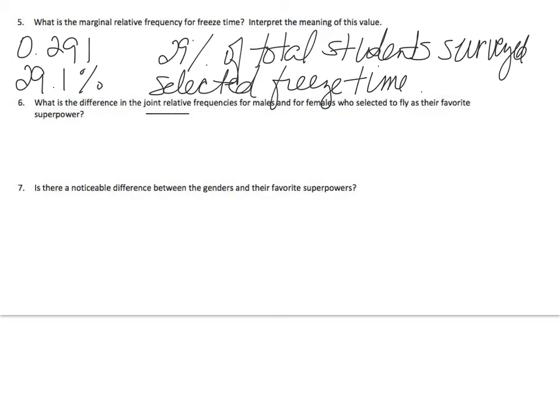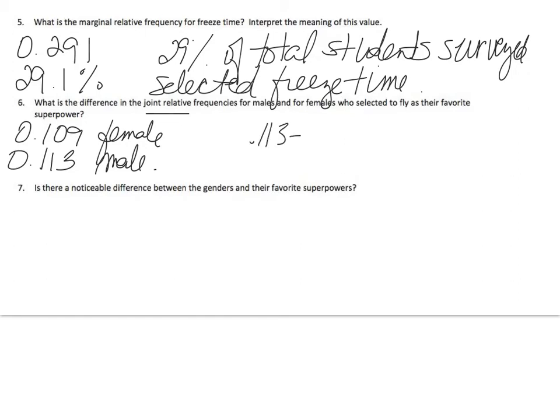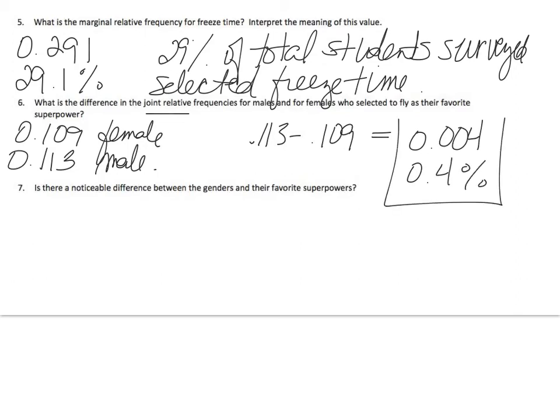So we're looking at fly. 0.109 was the female, and 0.113 was the male. If I take the difference of that, that gives me 0.004 as the difference, or 0.4%.